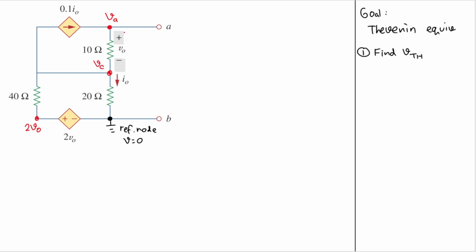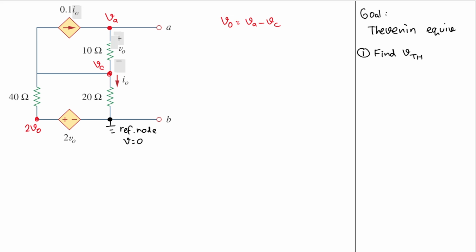But then we know that VO is equal to VA minus VC, because voltage is the difference between two terminals, right? So I have VA minus VC. That is VO. Now let's see what else we can get.